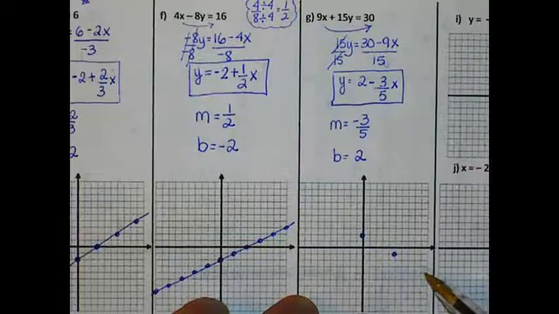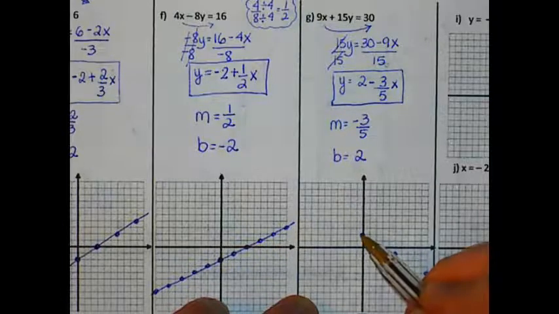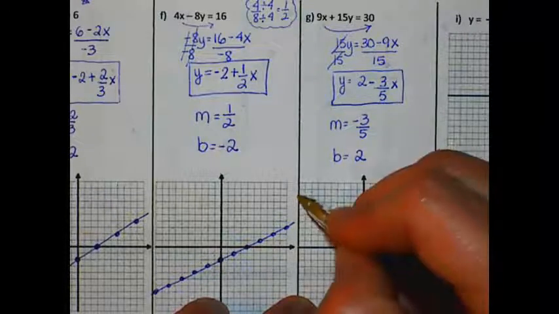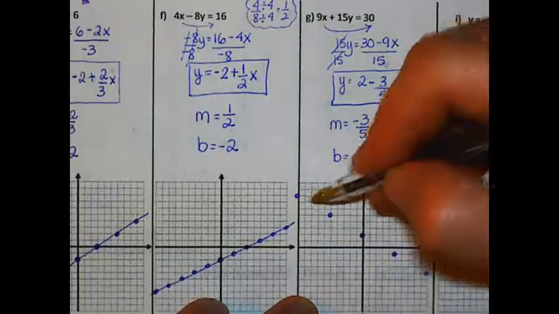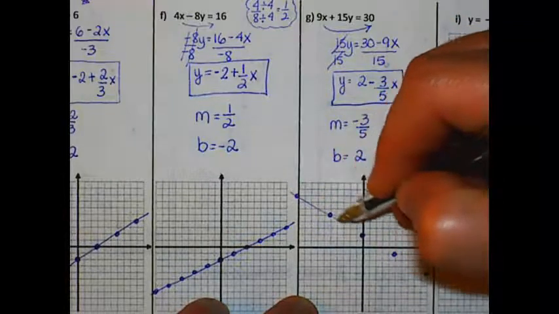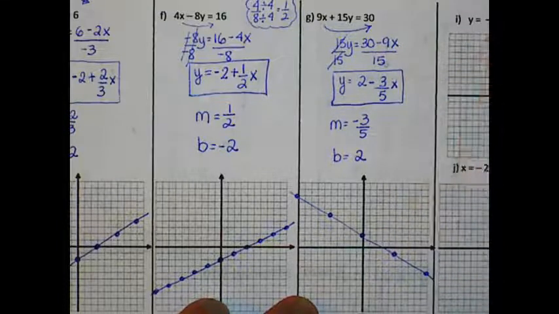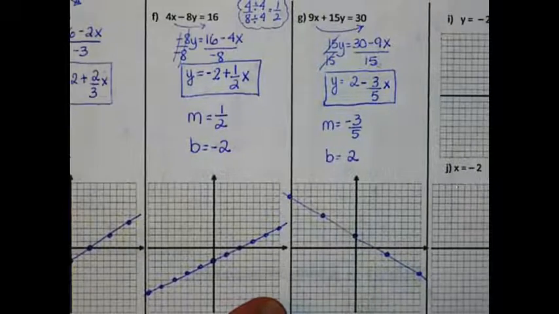Down 3 over 5. And then up 3 over 5. Up 3 over 5. With those points, I connect the points, and that's my new graph. Very well.